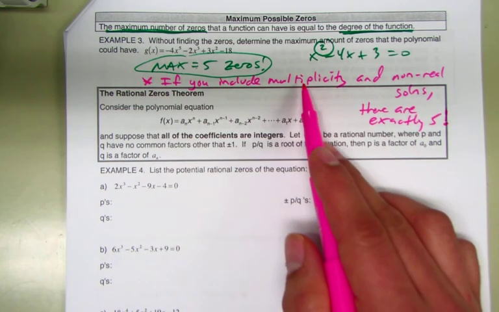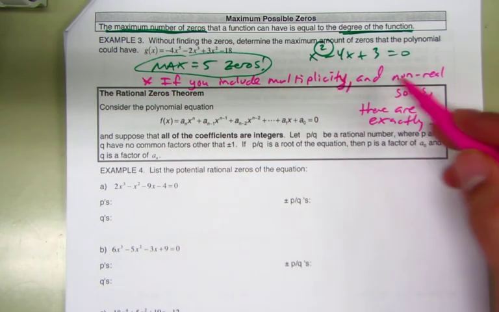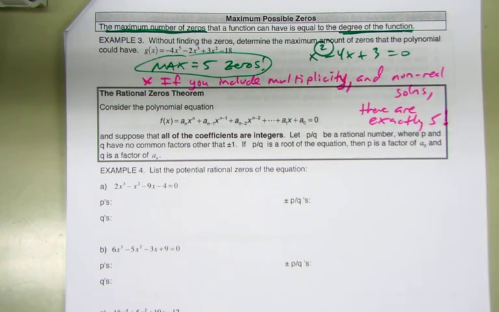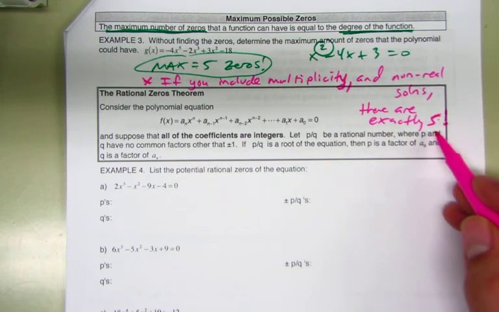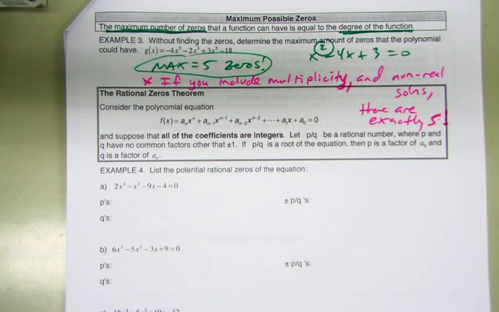So if you include multiplicity and non-real answers, where we get those i's if we square root negatives and whatnot, not only is 5 the maximum number, there has to be exactly 5 if you include all that.